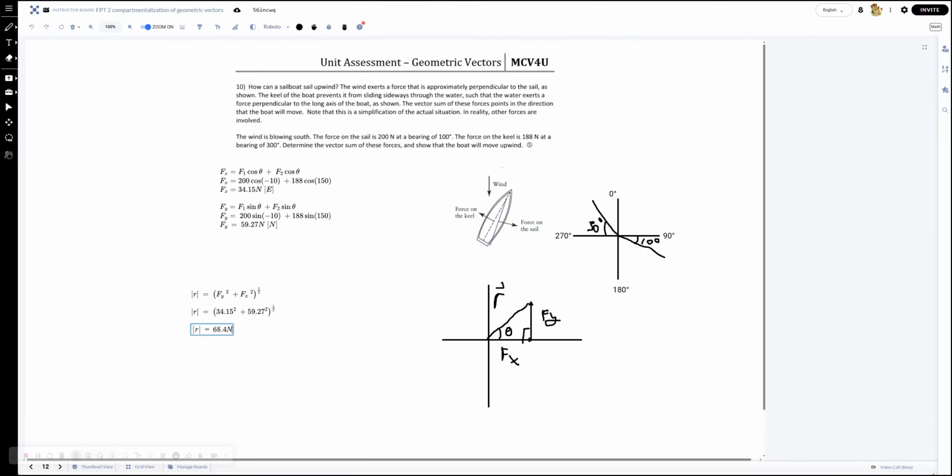So we know what our resultant vector's magnitude is. We now have to find out what its direction is. Since we have our Fy and our Fx, and we're trying to find theta, we can use our tangent function. And in fact, we're going to jump right to a little bit more advanced, using the inverse tan function. So we know that the inverse tan of Fy over Fx will give us theta.